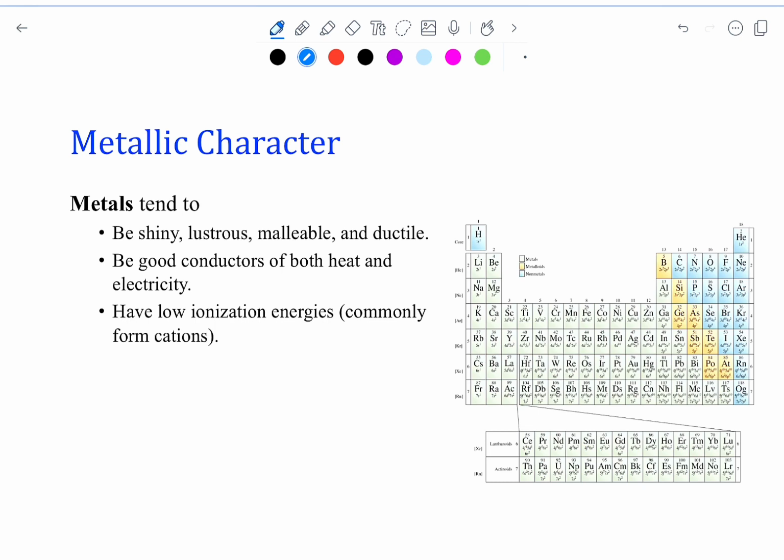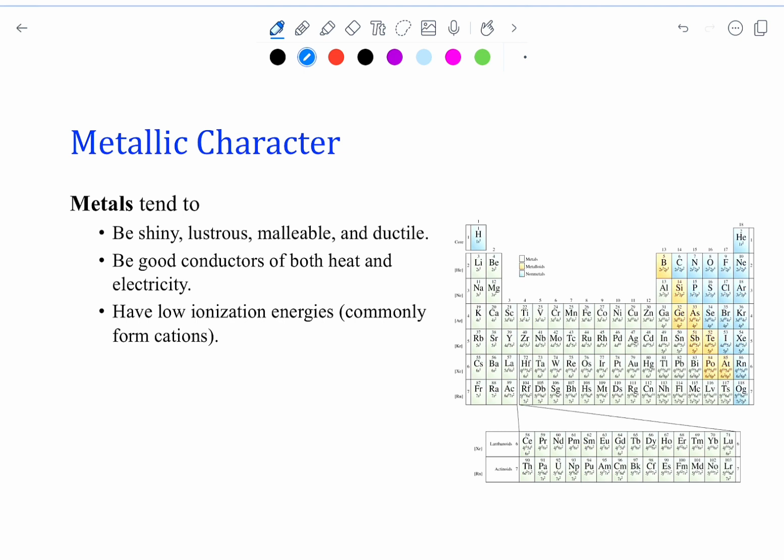Metals are also good conductors of heat and electricity. It's why we use them in wires in our homes and in our cords and everything like that. And they also have low ionization energies. They would rather form cations rather than anions. So it's really easy to remove those electrons.